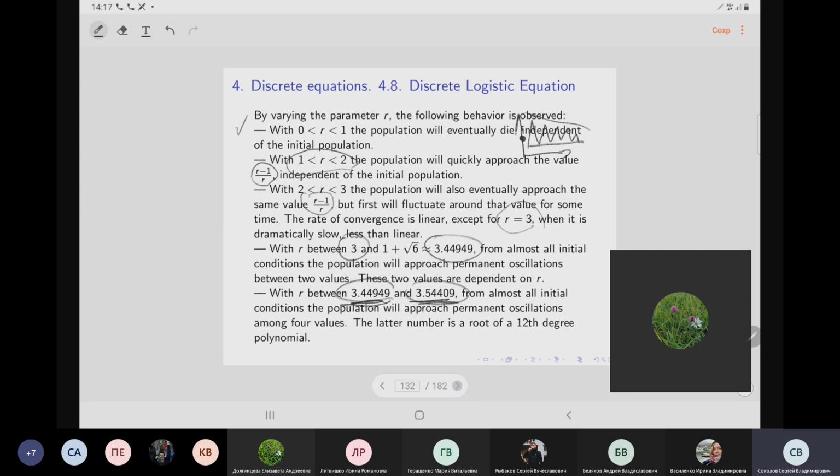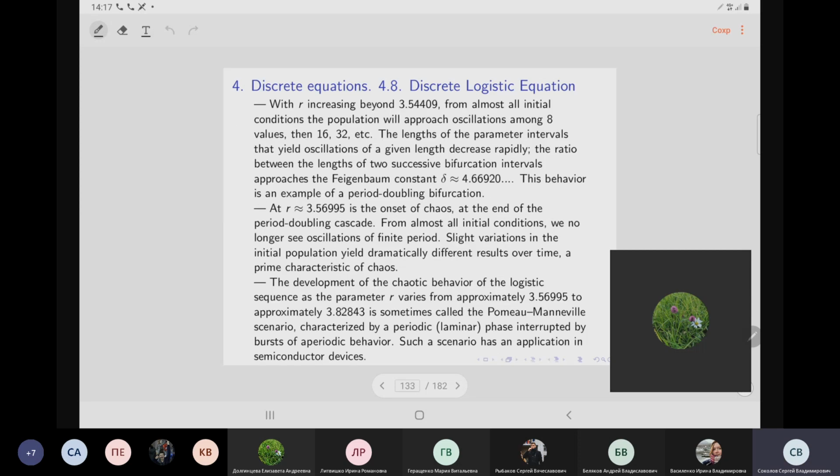So with further increase of r, we can see the period doubling between 8 values, 16 values, 32 values, and so on.